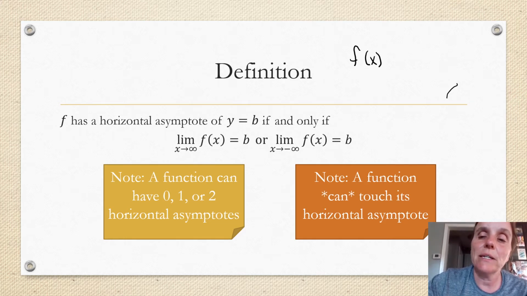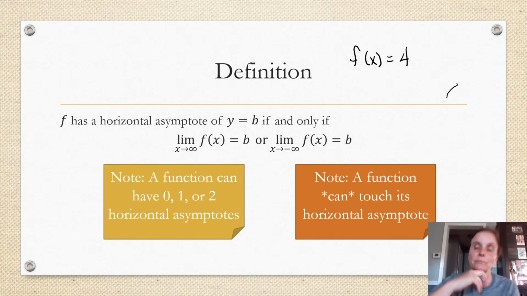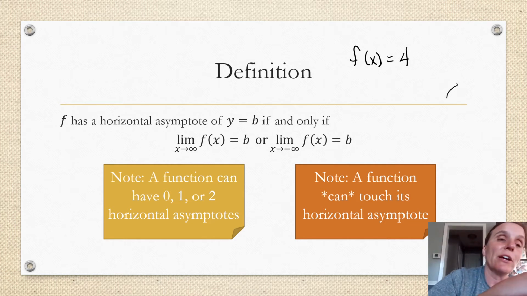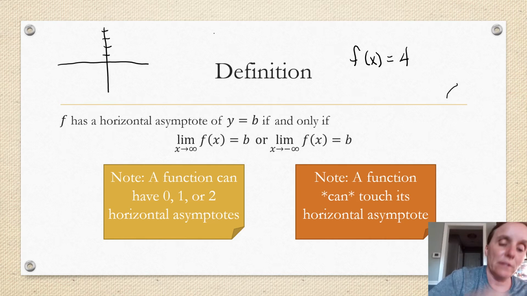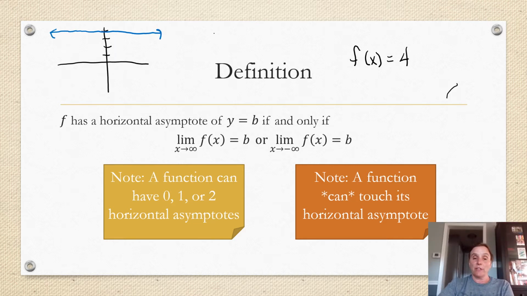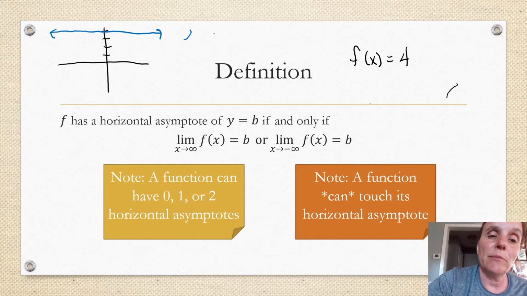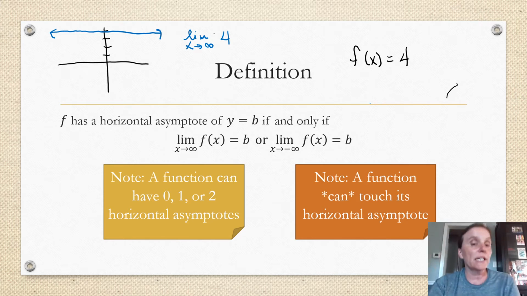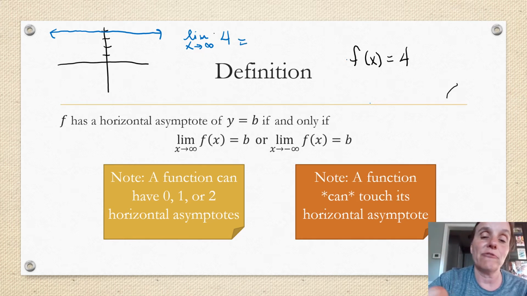F of x equals 4. If I graph that function, it would look like this horizontal line. Now, if I do the limit as x goes to infinity of 4, well, there's not even a place to plug in infinity, but that limit is going to be 4.